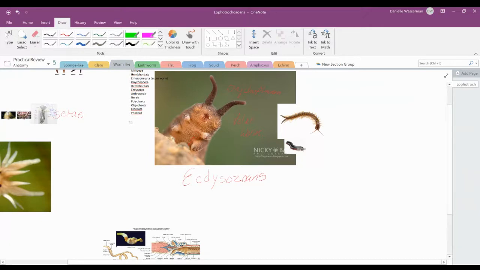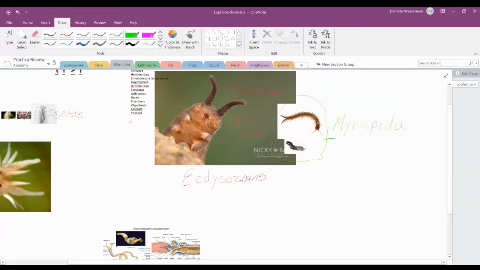These two stand alone in that they're myriapods. Myriad of legs.